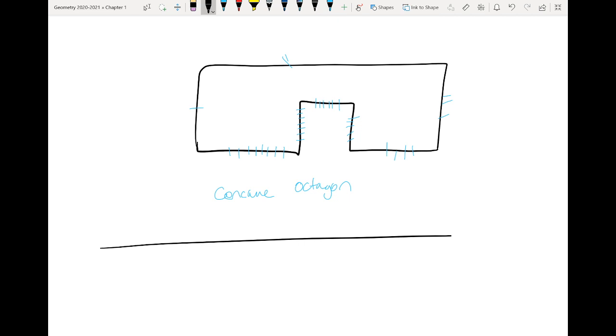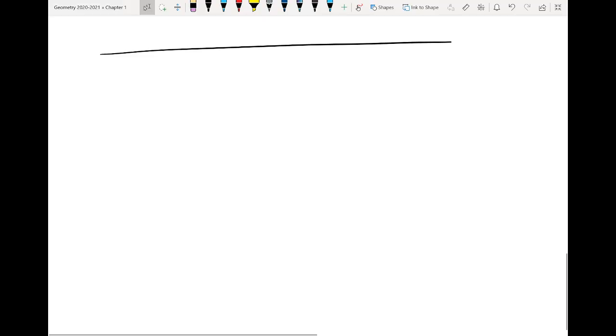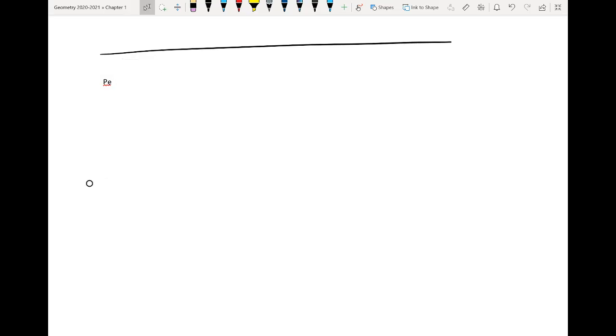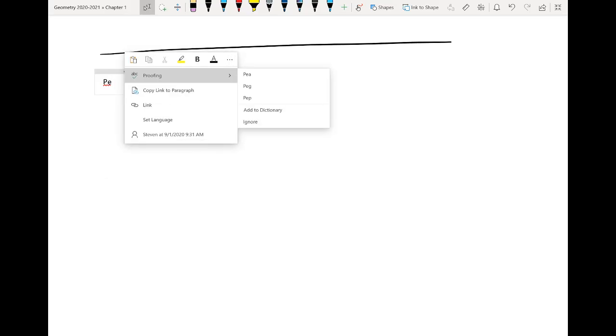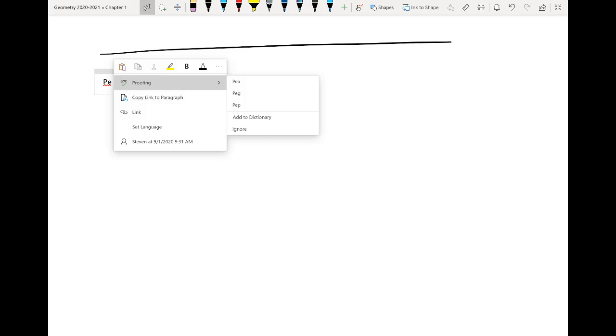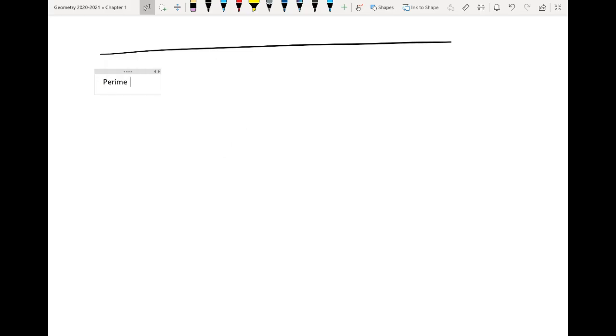All right, so a few things. Let's actually talk about perimeter and area, okay? Let's first talk about perimeter, which is the length around a figure.